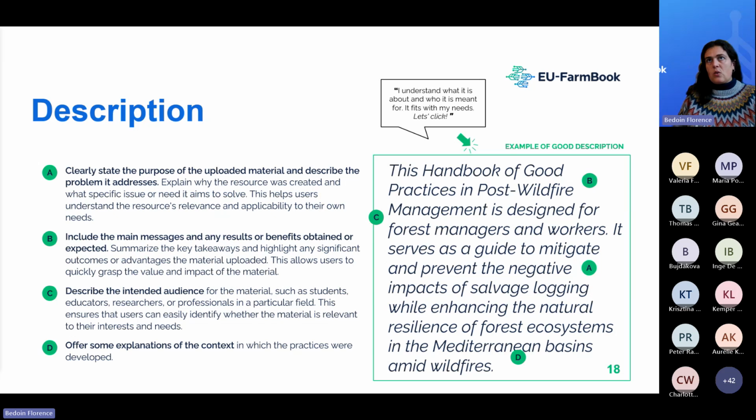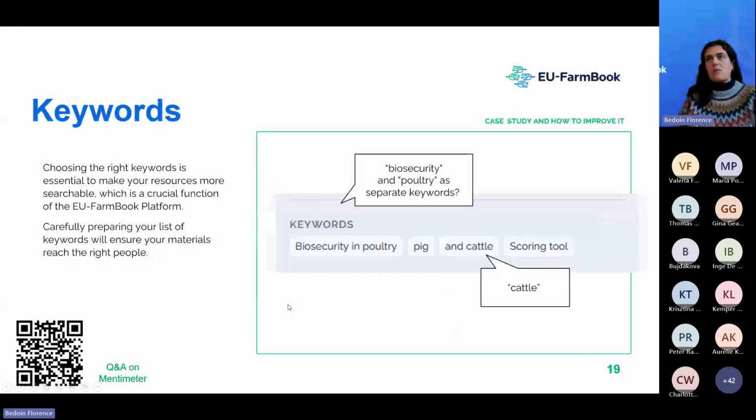If we go to another point, that's the keywords. So when you upload your material on FarmBook, you first put the title, then you have to choose some types of documents and so on. You write the description, and then you have to write some keywords.